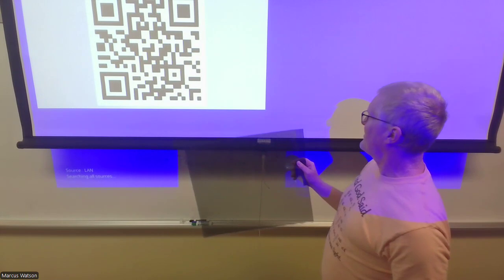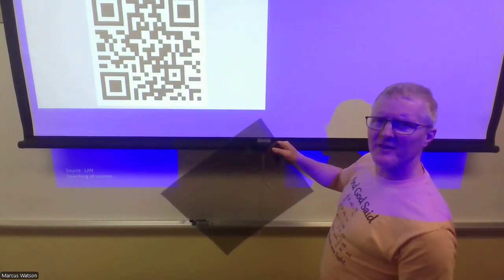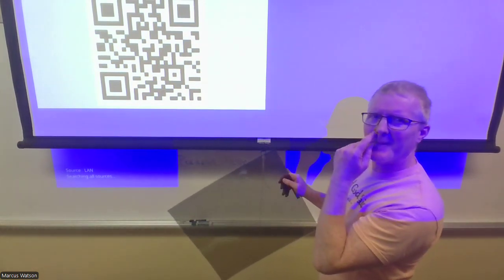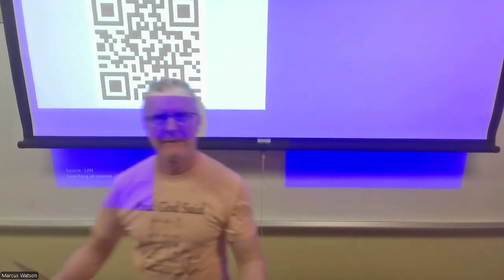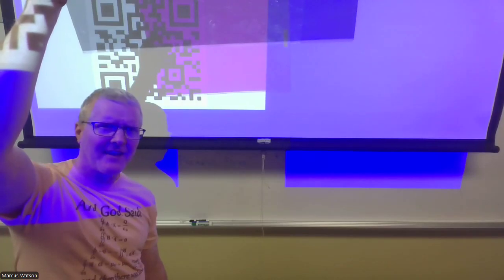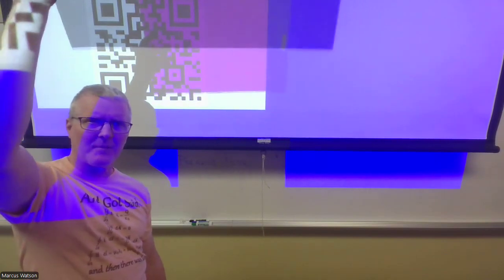Let's see what's going to happen if I hold this thing in front of the white light here. Oh, look at that. Can you see that I'm holding this up here?